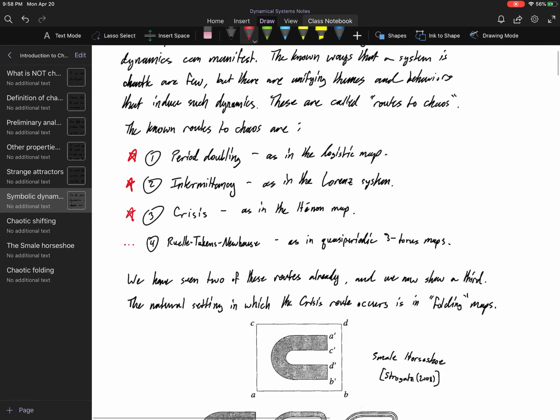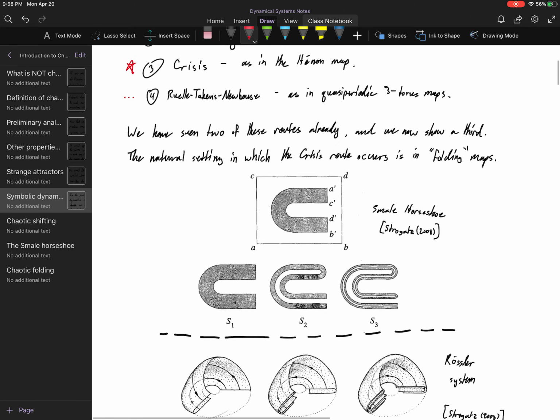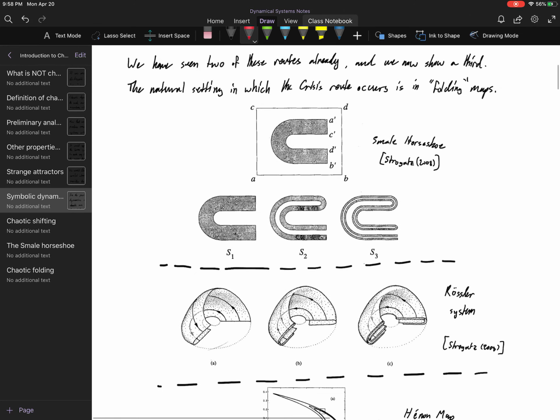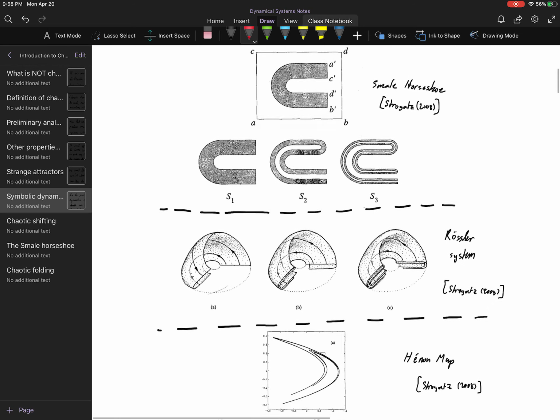Okay, so we have talked about period doubling, we've seen intermittency, and now we would like to go ahead and see where crises occur. And they most often occur in folding maps. And maybe the most prominent example here is what's known as the Smale horseshoe, which is effectively just making croissants or anything like puff pastry dough, where you are folding something over and over and over again in a very specific way.